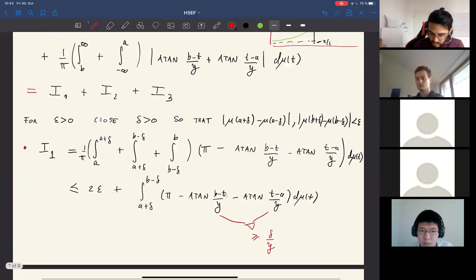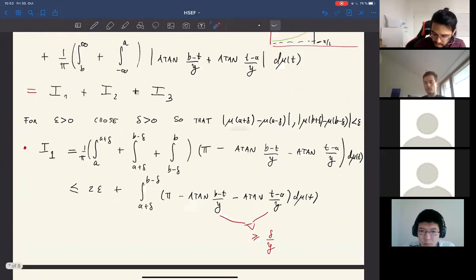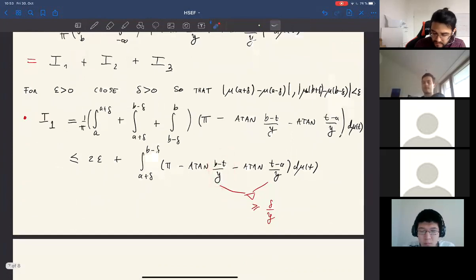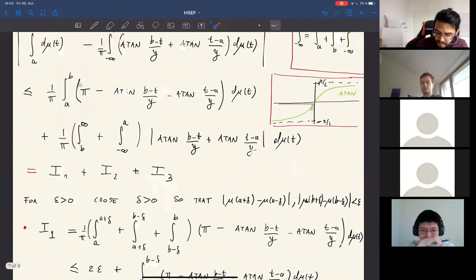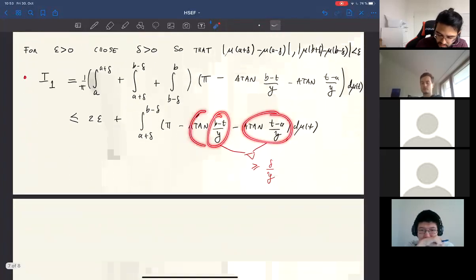So when I look at the graph, when I send y to 0, if y is sufficiently small, I would definitely be from some point m on in this direction when I evaluate this thing. So when y is small, each one of these two would be close to pi over 2, so therefore pretty close to pi.